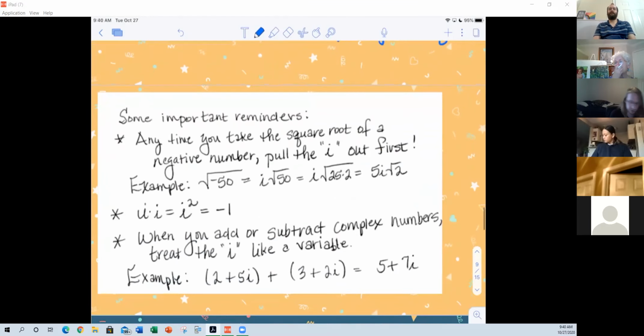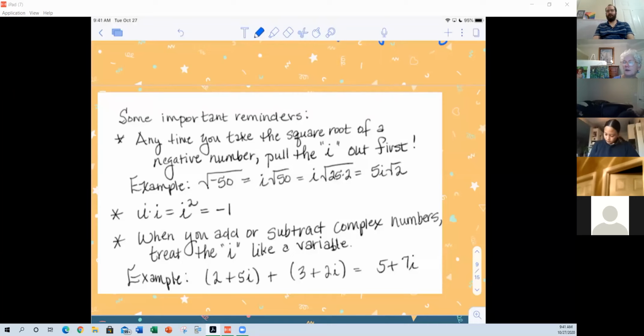Okay. So some important reminders. Again, you might want to write this down, or you should have it in your notes already. Anytime you take the square root of a negative number, you always want to pull out the i first. So if you have the square root of a negative, the first thing you want to think is, I have an imaginary number, and I want to indicate that by pulling out the i.